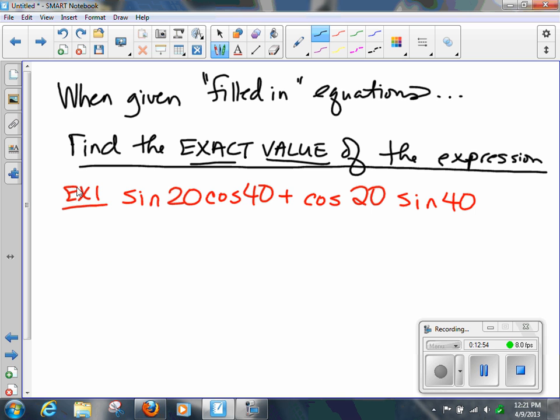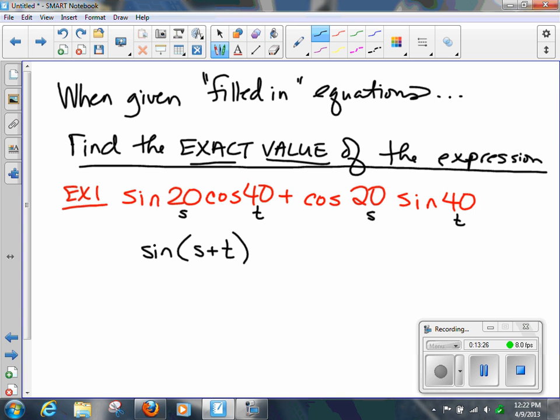It looks like the right side of your card. Now look, if we think of 20 as being S and 40 being T, then you need to think, which formula does this match up with? And you've already said that it's the sine addition formula, right? Now watch the way this is going to play out.